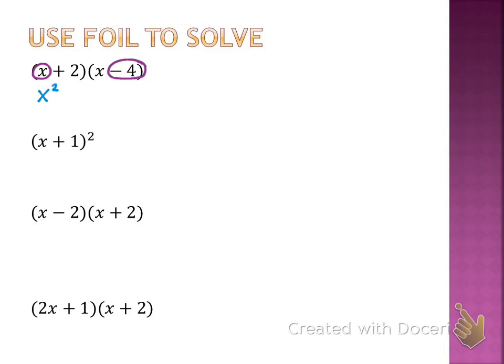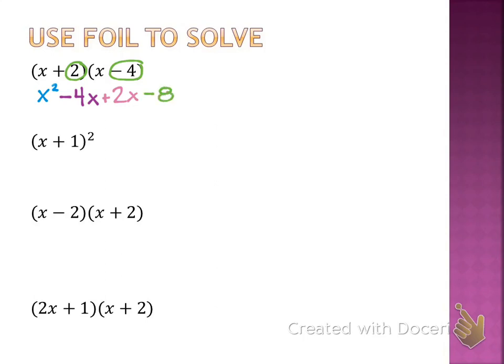That negative sign in front of the 4 is important because x times -4 is -4x. Not everything is going to be a plus when we use FOIL. It all depends on the sign. Then we have inside. Inside is positive 2 and x, which is going to be plus 2x. And finally, we have last, which is positive 2 and -4.